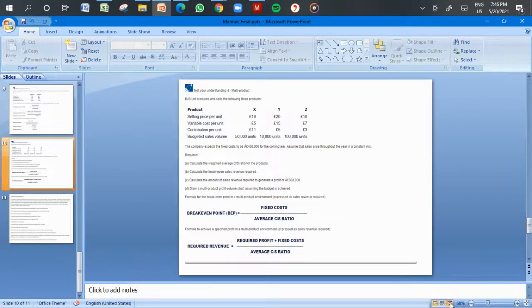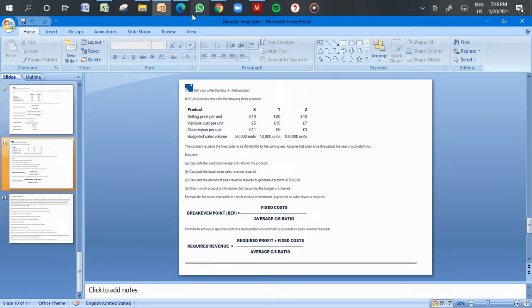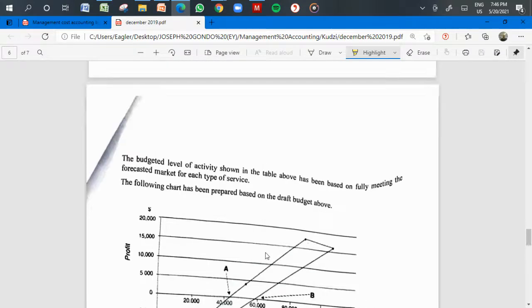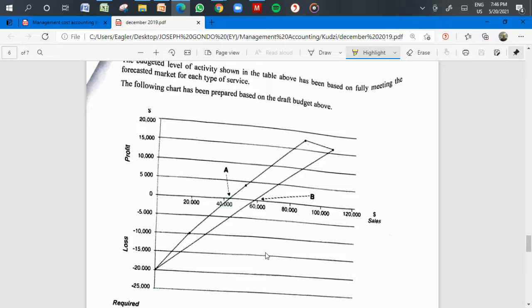Then the fourth requirement is saying draw a multiple product profit volume chart, assuming the budget is achieved. This one is also important for you to know, because you wouldn't be able to interpret that question if you don't know how to draw this. What does that curved line mean? What does that straight line mean?